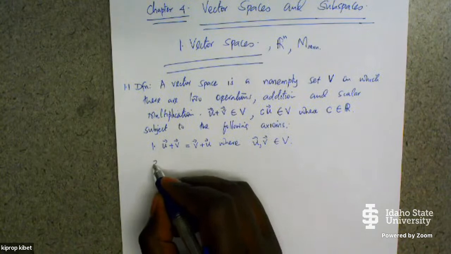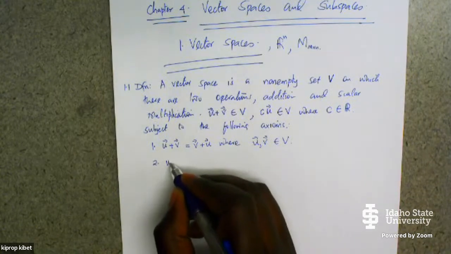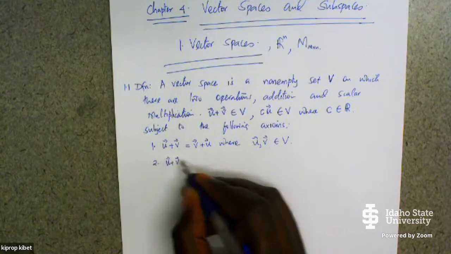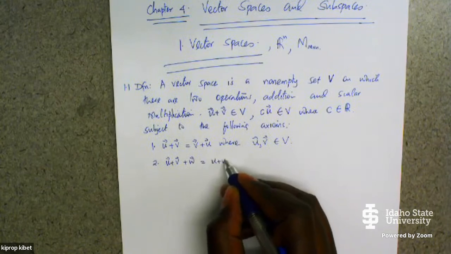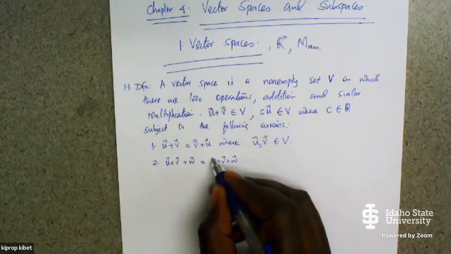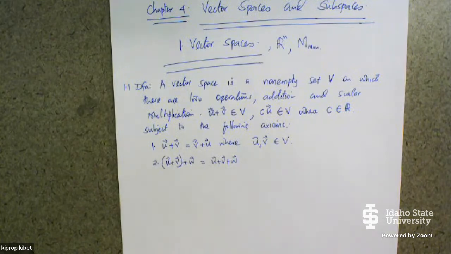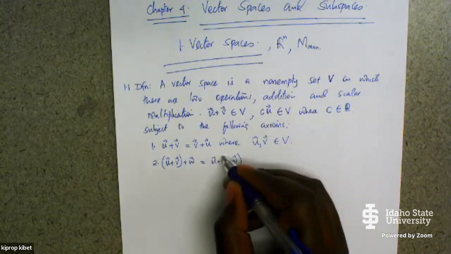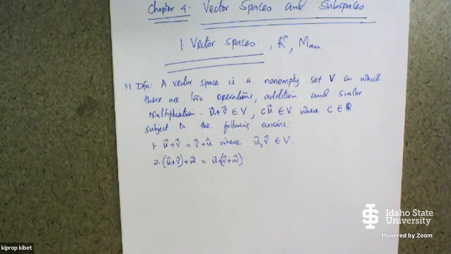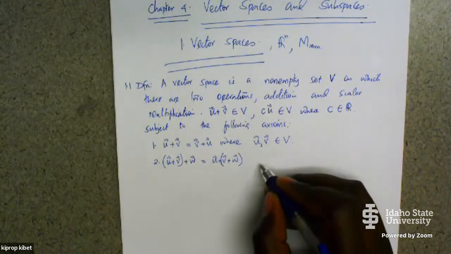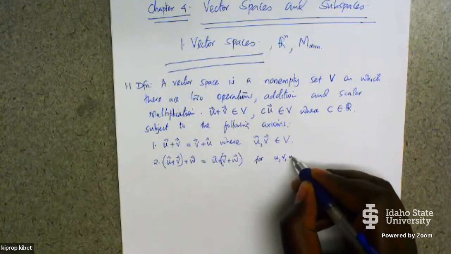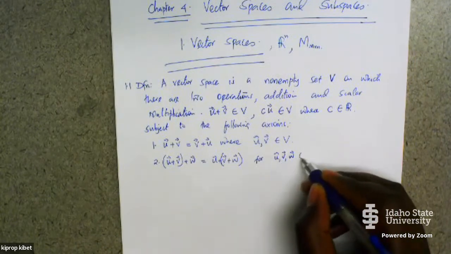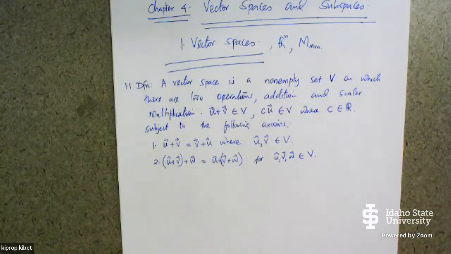Number 2, if we have u plus v plus w, then this is also equal to u plus v plus w, whereby you can add u and v and then add w, or you can add v and w. They are equal. So for u, v, and w elements of the whole vector space.